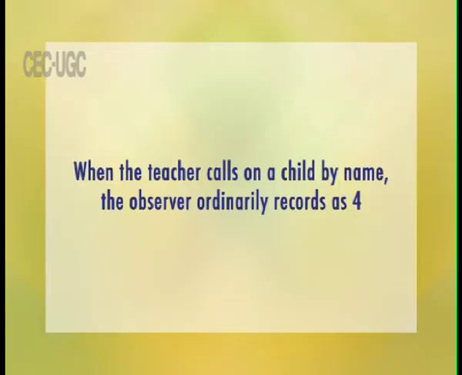Number 2, if more than one category occurs during the 3 seconds interval, then all categories used in that interval are recorded. If no change occurs within 3 seconds, repeat the category numbers. When the teacher calls on a child by name, the observer ordinarily records it as 4.